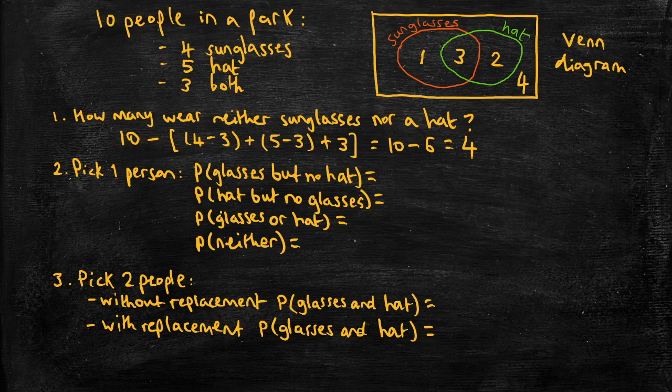Now let's imagine that we are picking 1 person at random from the park, from the 10 people in the park. What is the probability that they're wearing sunglasses but no hat? So we can look at our Venn diagram and we can see that's the part of the orange circle that doesn't overlap the green circle, so it's this 1 person here. So the probability that the person picked at random has sunglasses but no hat is 1 out of 10, or 0.1, or 10%.